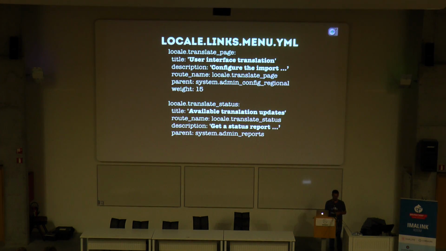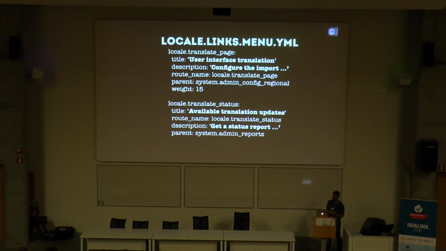So in Drupal 7, we had our hook_menu, and there you shouldn't be using T, because then you cannot cache the menu items. Now in Drupal 8, we have the links.menu.yml files, and we have the same situation, but in this case they are YAML files, so you cannot call any function. So we do the same that we used to do before, but now it's more explicit.